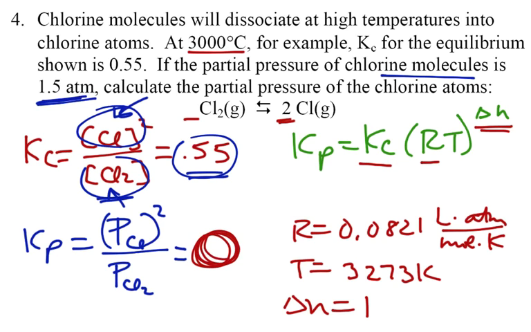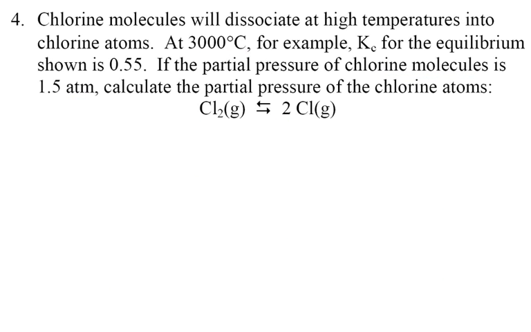And if I know Kp, and I'm told the pressure of that, then I can find this one. And again, don't forget that this little guy is squared. That's the kind of little mistake that's very common to make when you get everything done. You say, okay, I know what I'm doing, and you forget to square, you get a totally wrong answer. So when we get all done, then remember that we are using the Kp expression.